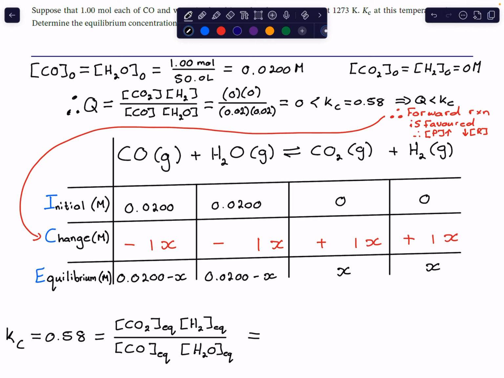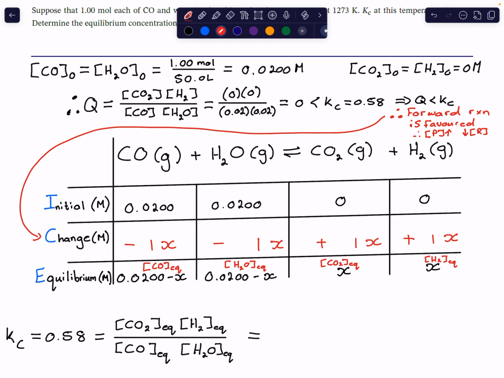So let's just make a note for ourselves. This little block here, for example, is CO at equilibrium, and this block here is water vapor at equilibrium, and this block here is CO2 at equilibrium, and this one here is hydrogen at equilibrium.